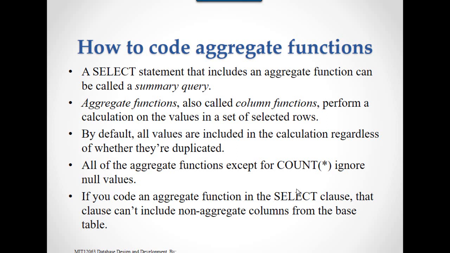They perform the calculations on selected columns based on the function that we use, maybe sum, min, max, avg, count all, like that. By default, all values are included in the calculation regardless of whether they are duplicated, which means whether the record is duplicated or distinct values.